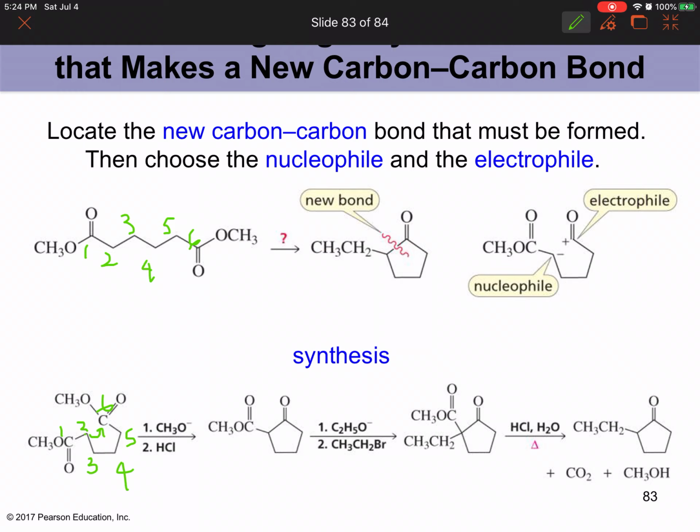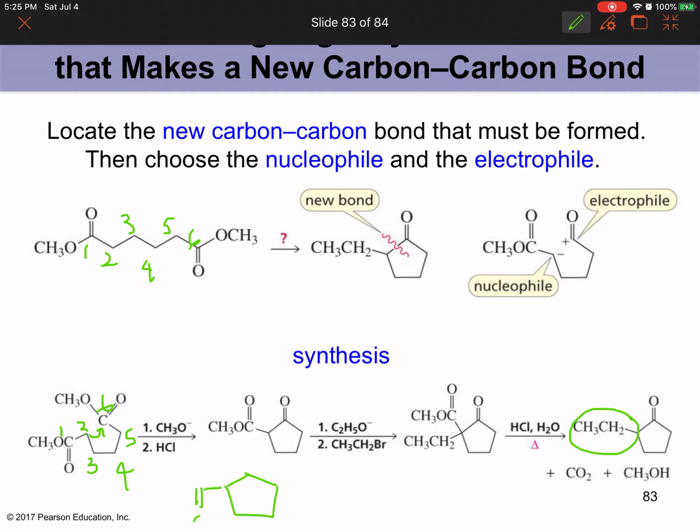Yeah, so you want to make CH2CH3. So yeah, so you want to add this part. So when you combine this one, this would make this part.